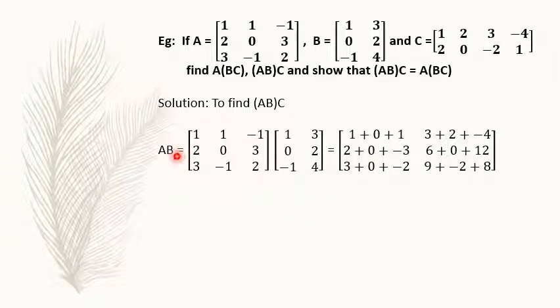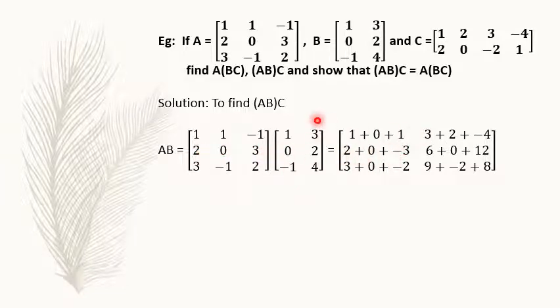To get the product matrix AB, first we need to multiply the first row with the first column of B element wise. That's 1 into 1 plus 1 into 0 plus minus 1 into minus 1 gives this number. Next, first row with the second column gives this. Second row with the first column, that is 2 into 1 plus 0 into 0 plus 3 into minus 1 gives this.